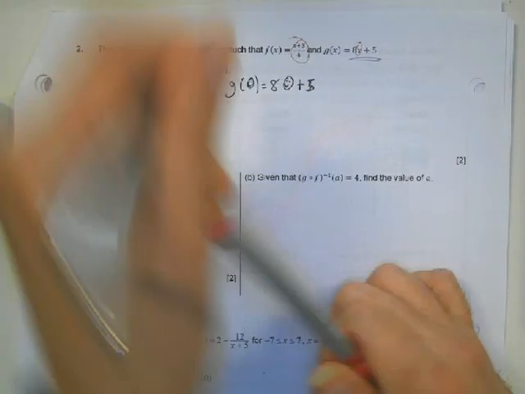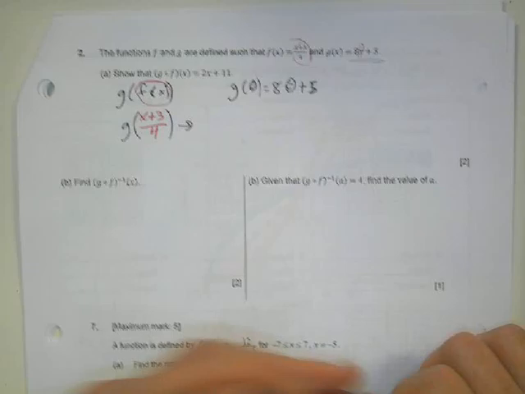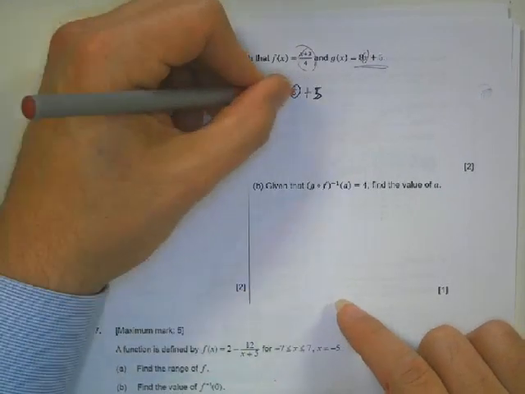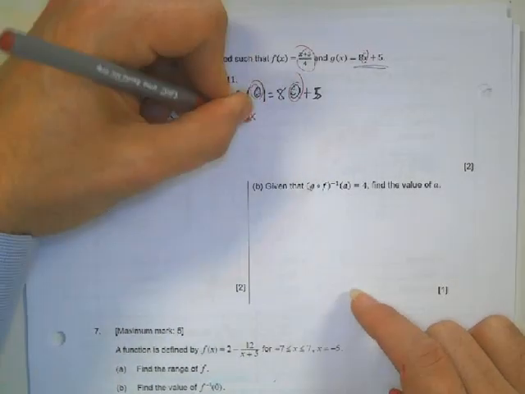That's what we have here. But instead of happy face, I'm going to replace happy face with this red thing, so (x plus 3) over 4.